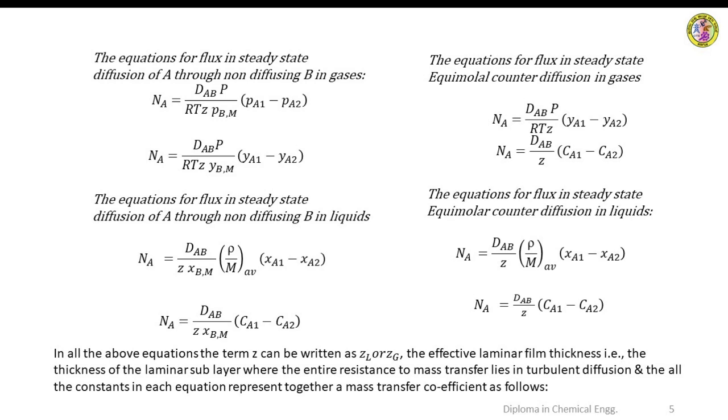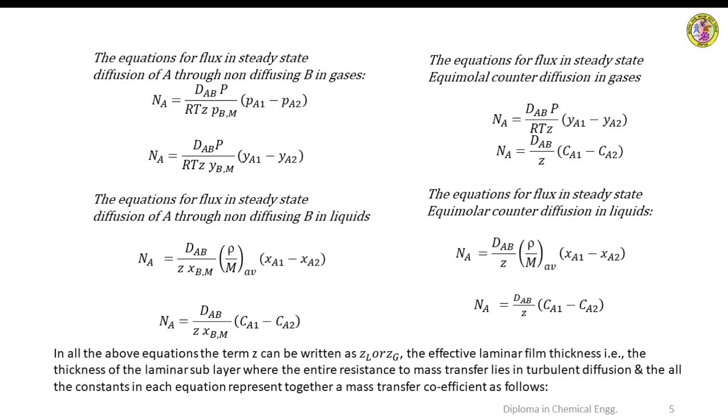In the same way, we can go on writing the flux equations for various cases of diffusion in the turbulent region. In all these cases, Na becomes the mass transfer rate, all the constant terms along with the Zg or Zl in the denominator become the coefficient, and whatever is inside the bracket, that contains the concentration terms between the initial and the final location, gives the concentration gradient.